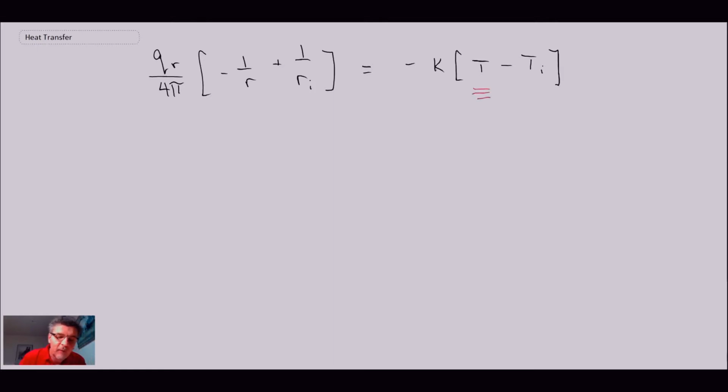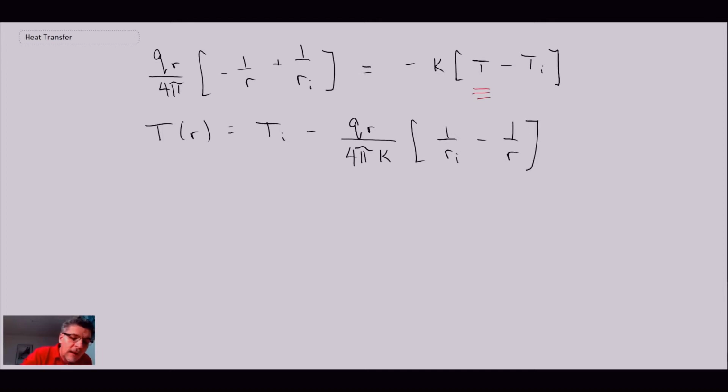We want to have a way to determine the temperature distribution within our hollow sphere. So we rearrange this and we can come up with the following expression. And we get this relationship.